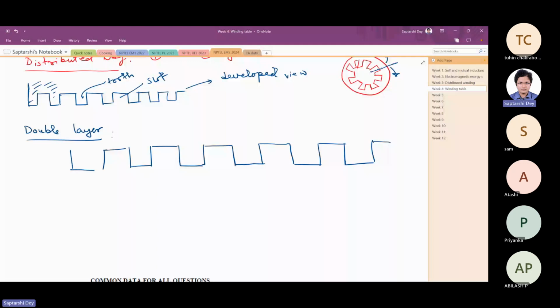Now let us number the slots: slot number 1, 2, 3, 4, 5, 6. Now suppose we have a coil throw of 5. That means if one side of a coil goes in slot number 1, it would come back from slot number 6. And this is the overhang. This is a coil throw.